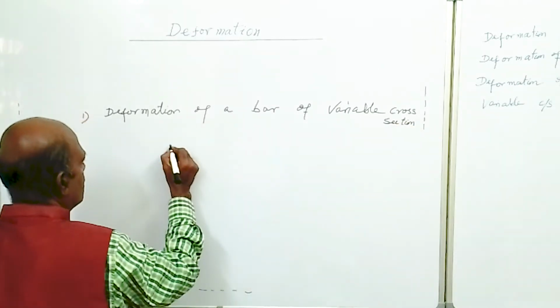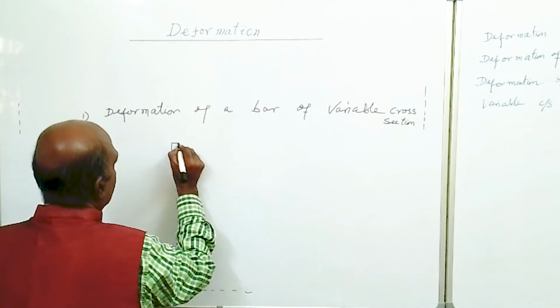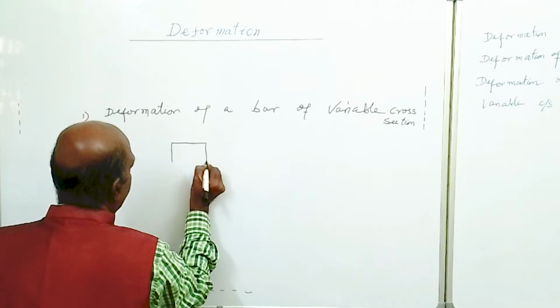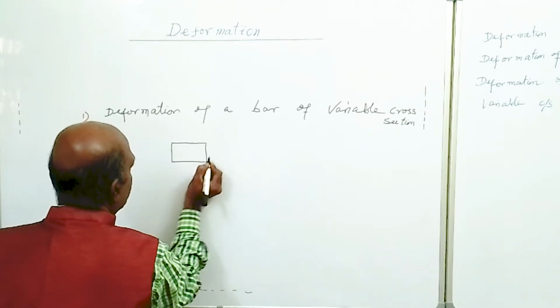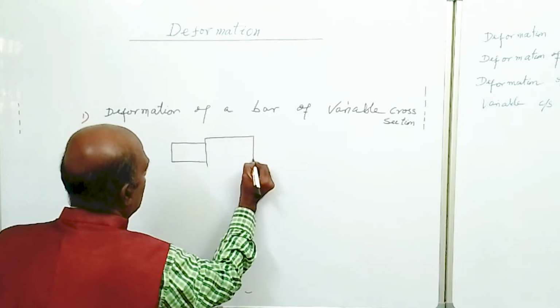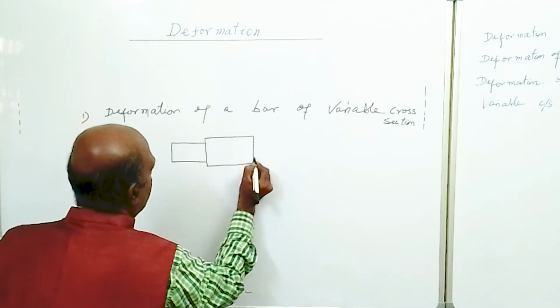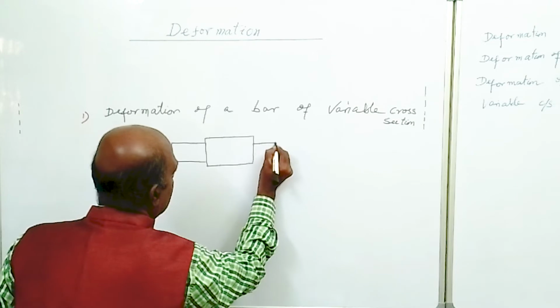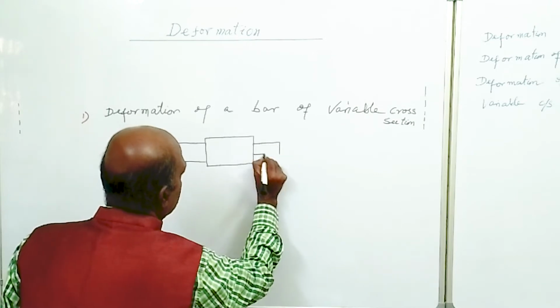Now let the bar have, say, 3 sections. So we are marking the sections as section 1, section 2 and section 3.